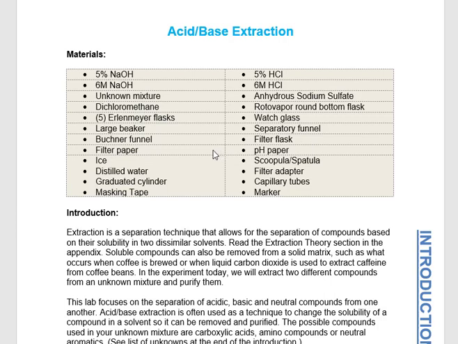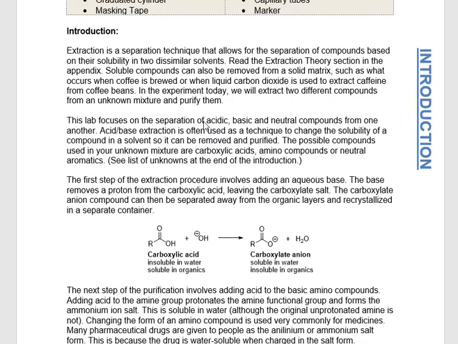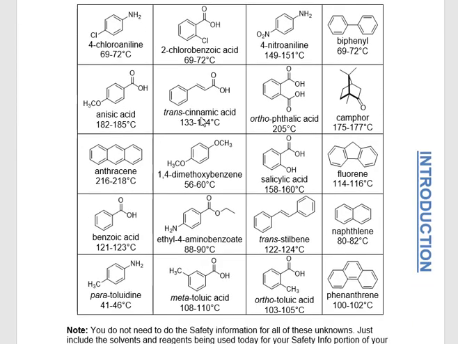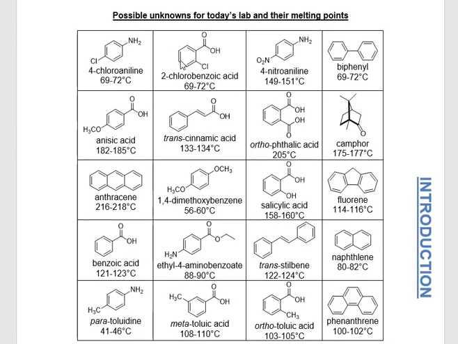But getting into the meat and potatoes of what acid-base extraction is, this technique comes in very handy when you have a complex set of compounds. This table is a list of all possible unknowns that could be seen throughout this experiment, and each one can be classified in one of three ways.